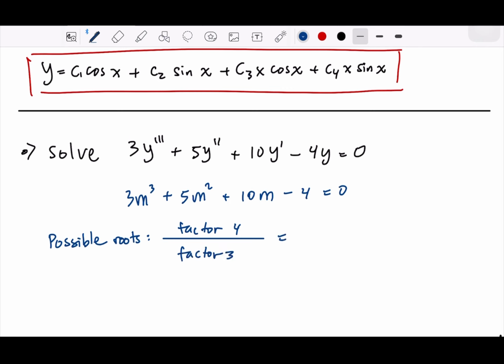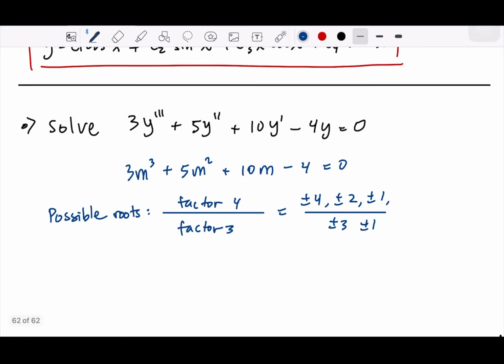So we are going to have plus minus 4, plus minus 2, plus minus 1, and then divide by plus minus 3, plus minus 1. So we are going to have plus minus 4, plus minus 2, plus minus 1, plus minus 4 over 3, plus minus 2 over 3, and then plus minus 1 over 3.